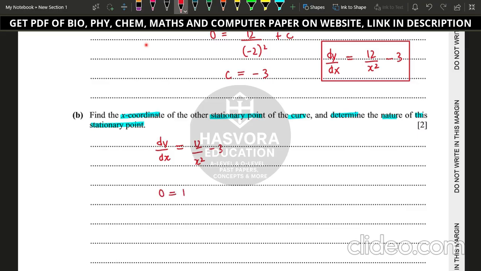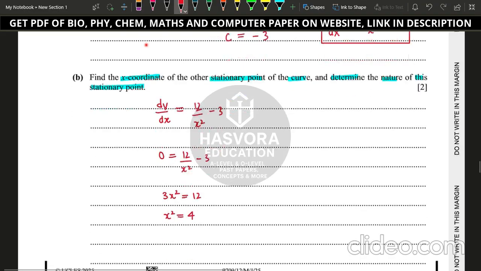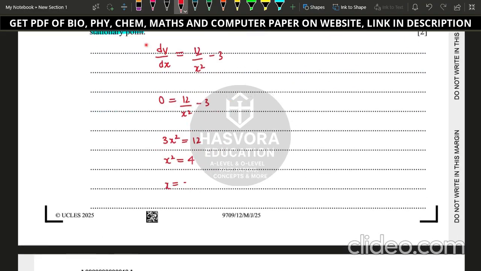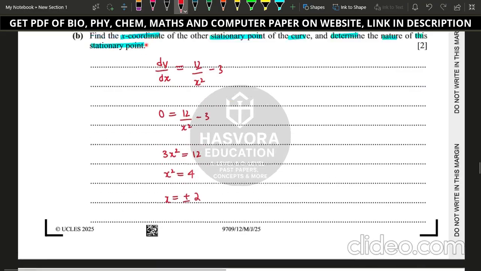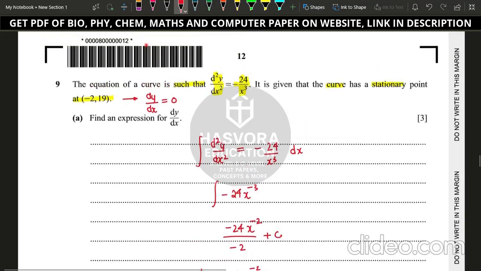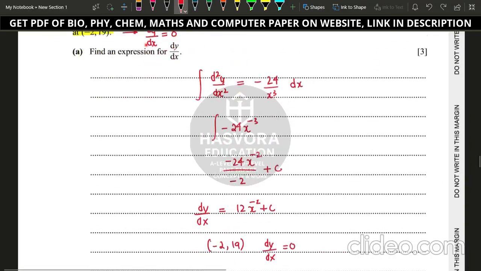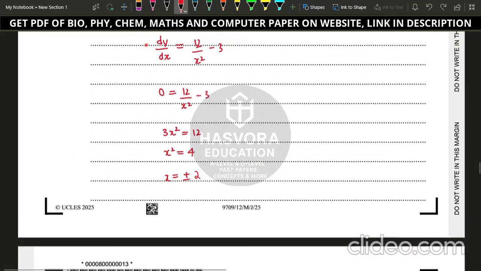So 12 over x squared minus 3 equals 0, shifting the 3 to that side and multiplying by x squared, it becomes 3x squared equals 12. This becomes x squared equals 4, since 12 divided by 3 is 4, so x becomes plus or minus 2. They have already given us the coordinate of minus 2, so the other stationary point will be at plus 2.